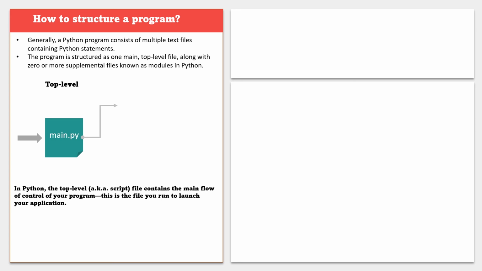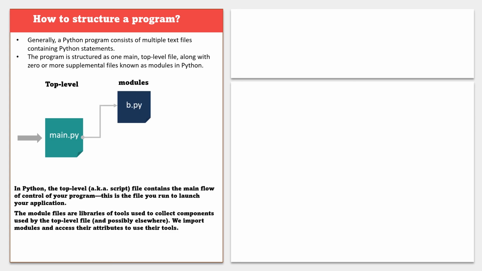Next is our module file. The module files are libraries of tools used to collect components used by the top level file. Top level files use tools defined in module files.